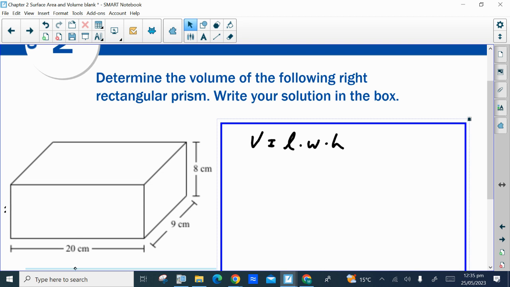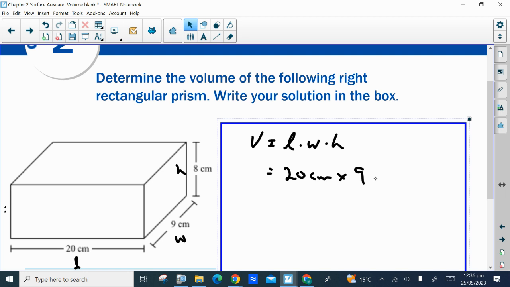So if we say that 20 is the length, 9 is the width, and 8 is the height, we just multiply those three together. So it actually doesn't matter in this case what you say L and W is. You could switch those two around. You're just going to multiply these three numbers together, and when you're multiplying, order doesn't matter.